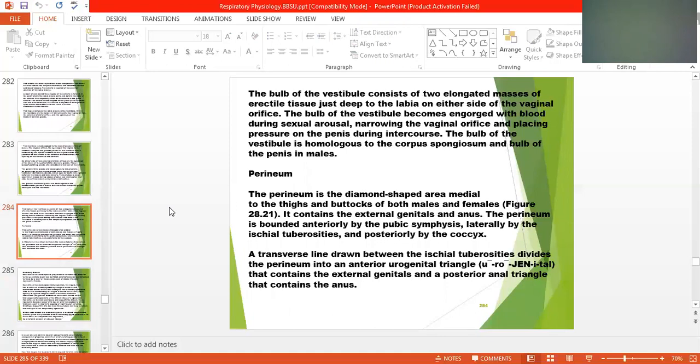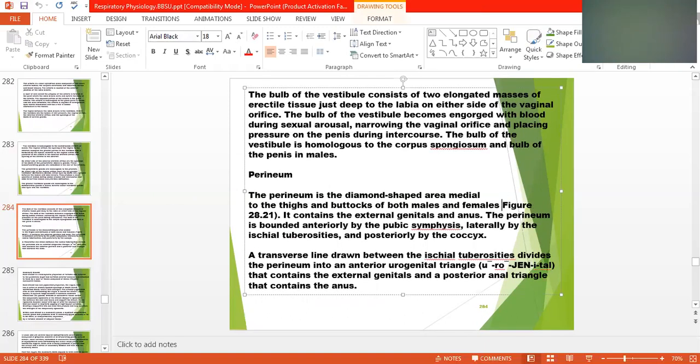One thing more we can say here. The perineum is the diamond-shaped area medial to the thighs and buttocks of both male and female. It contains the external genitalia and anus.